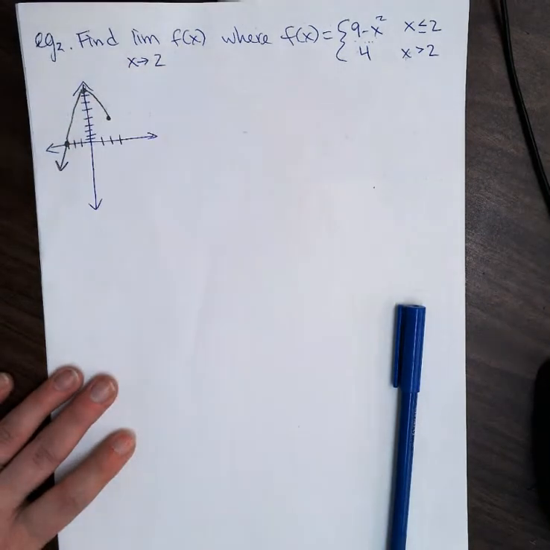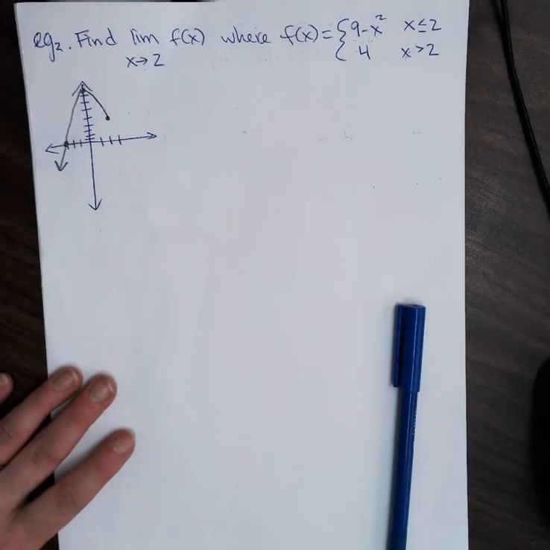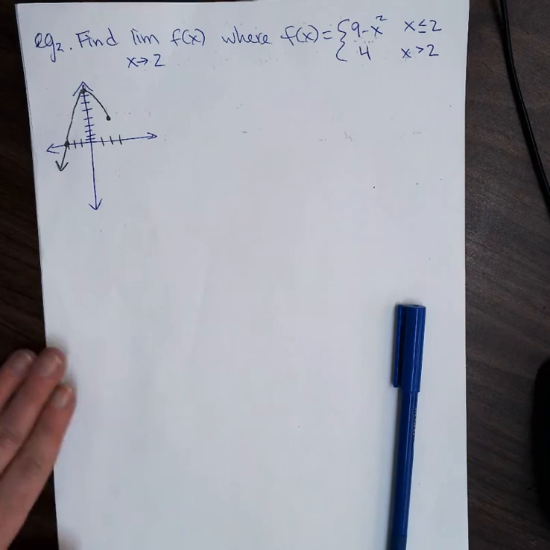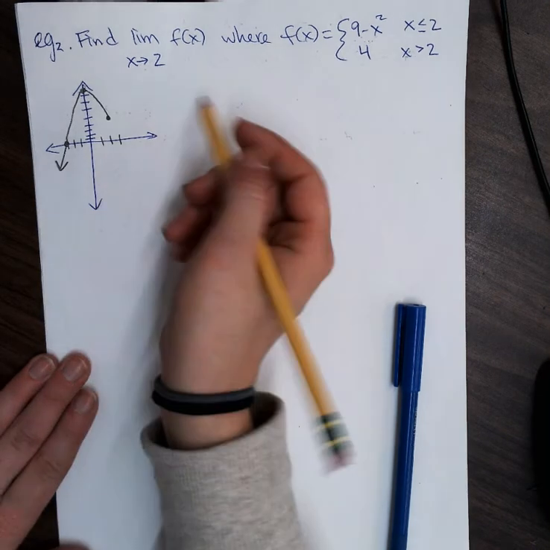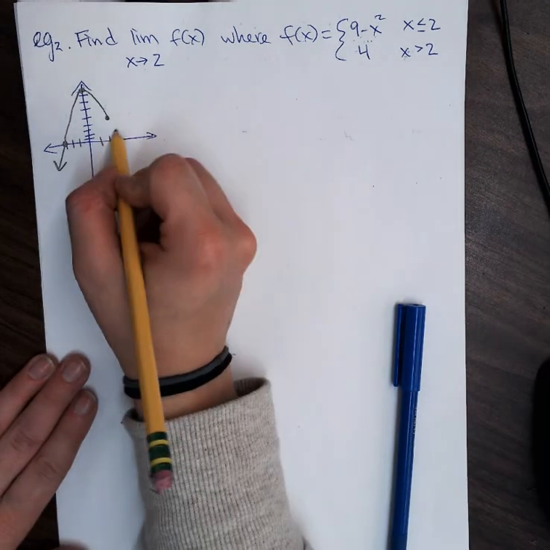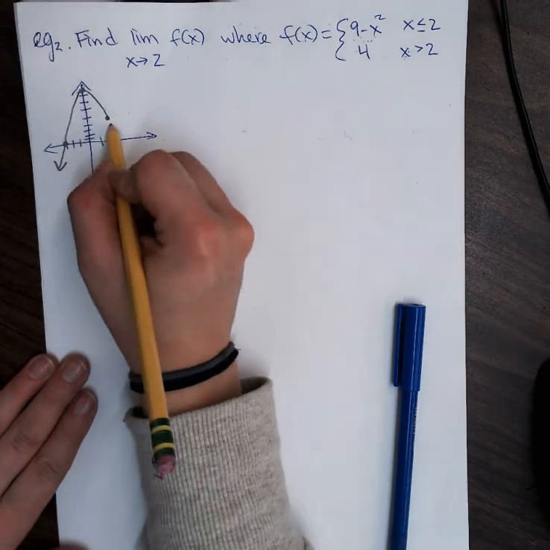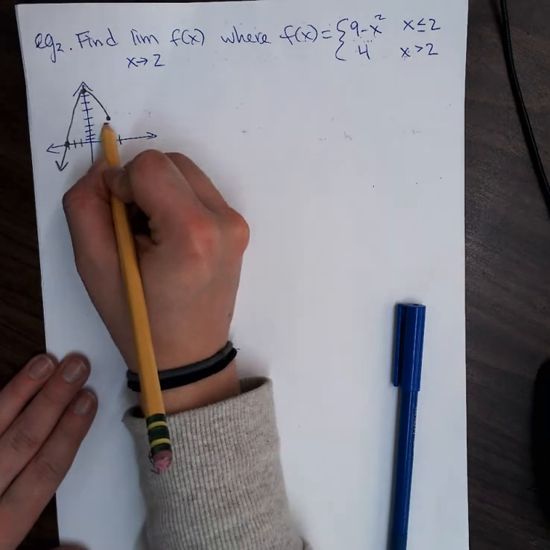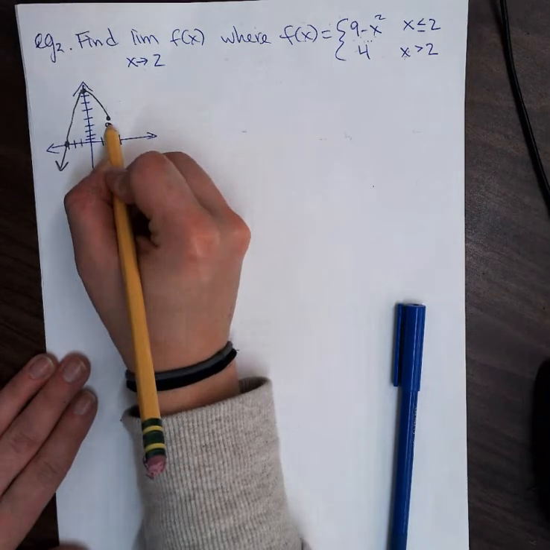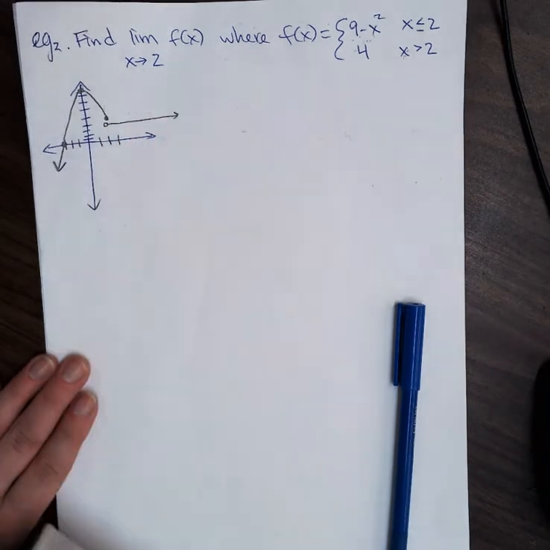So we've got our quadratic, but it stops at 2. And then let's talk about our function of 4. No matter what we plug in for x, we always get 4. So 1, 2, 3, 4. At 2, our graph starts at 4, and it always continues as 4. It's always equal to 4.